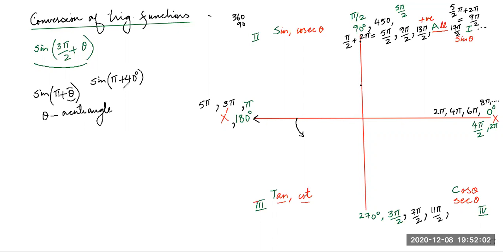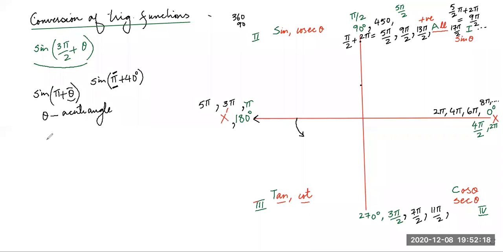What is sine pi plus 40 degree? Somebody asked. Okay, now I will concentrate here. This is pi. In pi, what is my position? I am sleeping. When I am sleeping, I cannot do anything. I cannot convert anything.